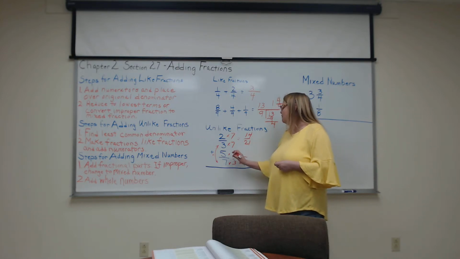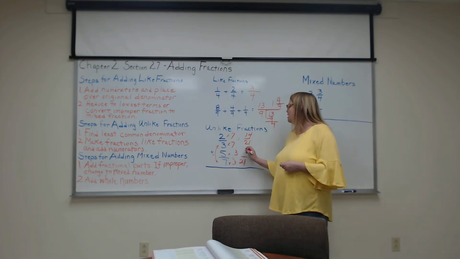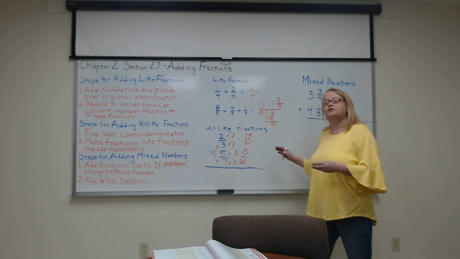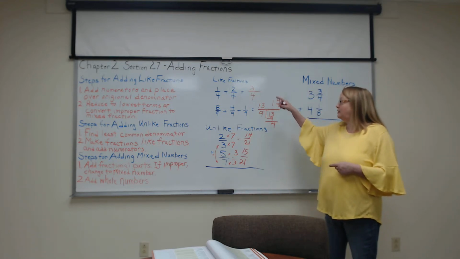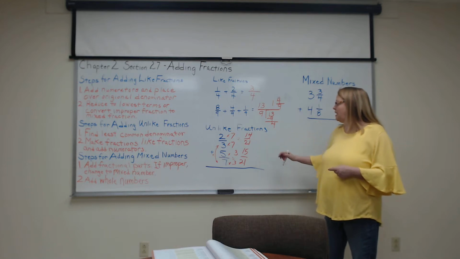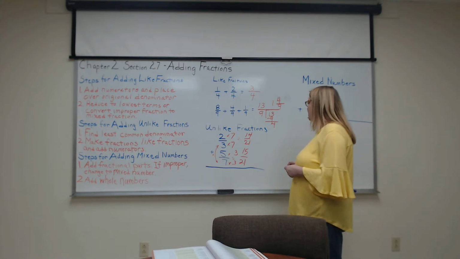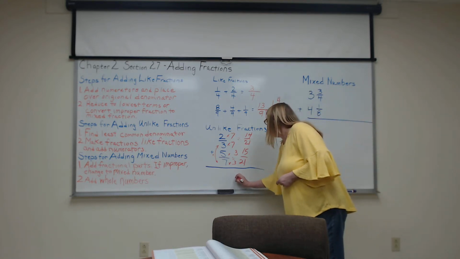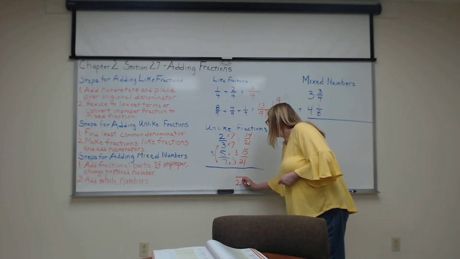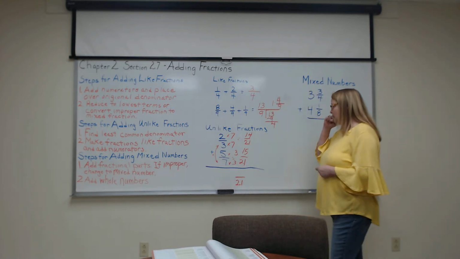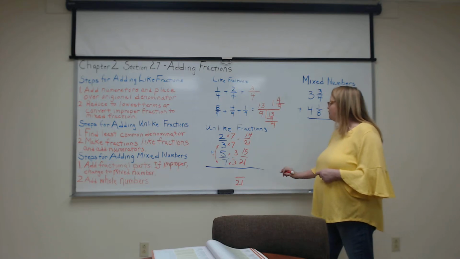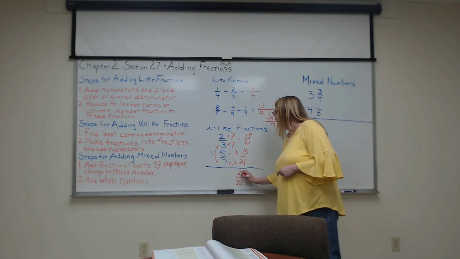So then we get 5 times 3 is 15. So now we're back to having like denominators, so we can go ahead and add those. We end up with 21 as our denominator, and then we add 14 and 15, which gives us 29.